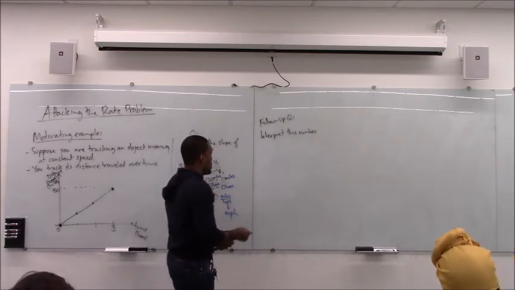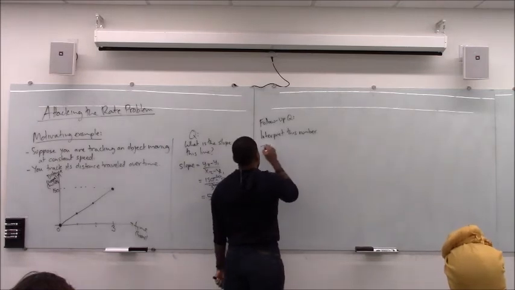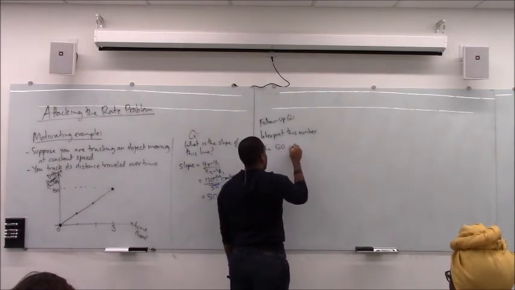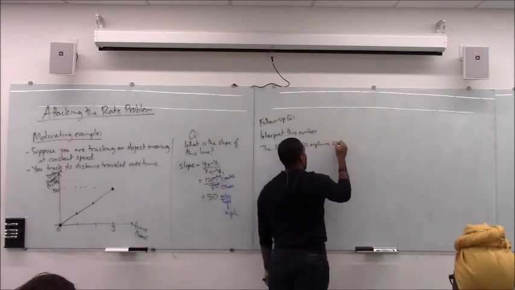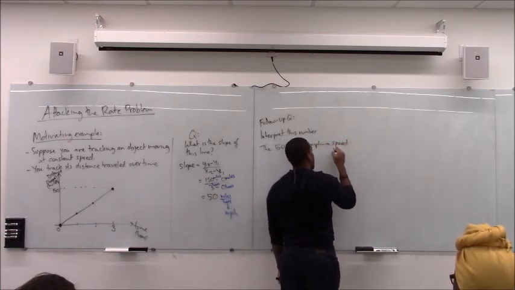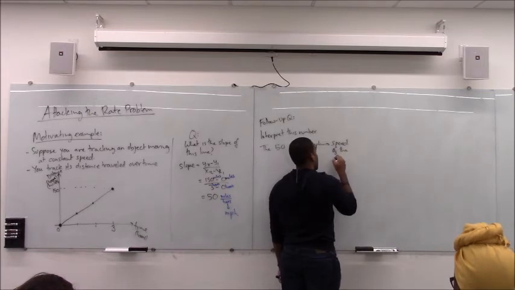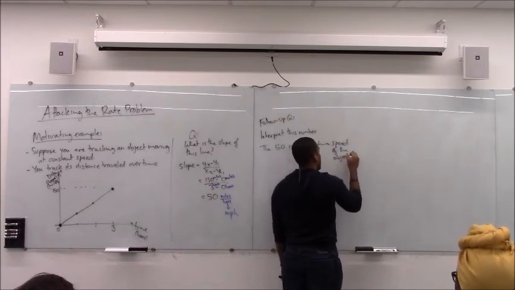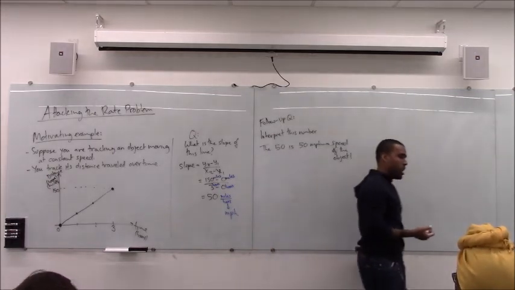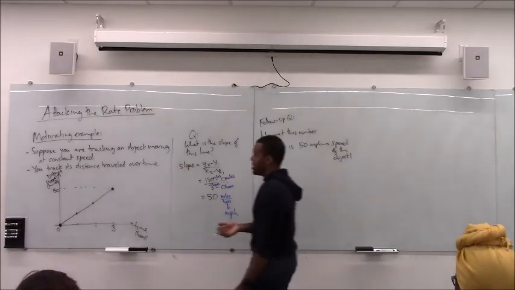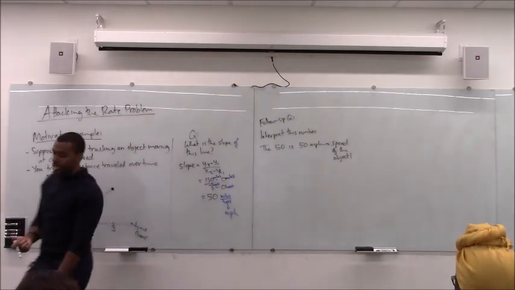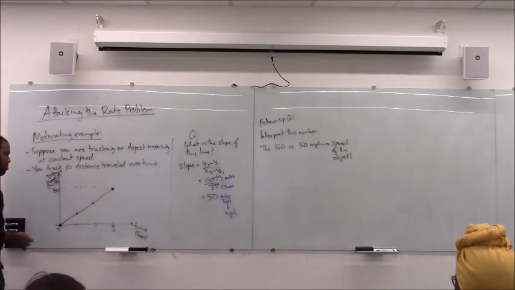So the 50 is actually 50 miles per hour. In other words, it's the speed of the object. The slope will actually tell you how fast the thing is moving. But hey, figuring out how fast the thing is moving is the whole point of the exercise, isn't it?